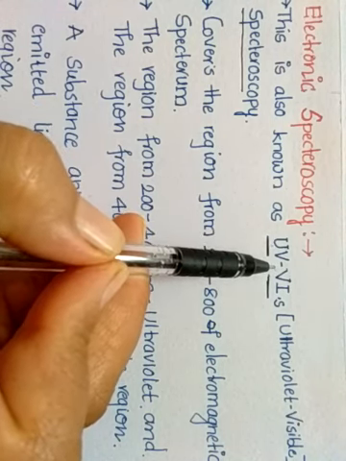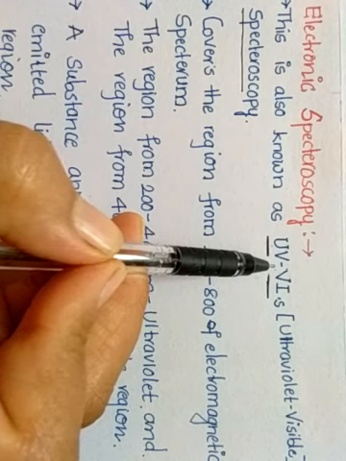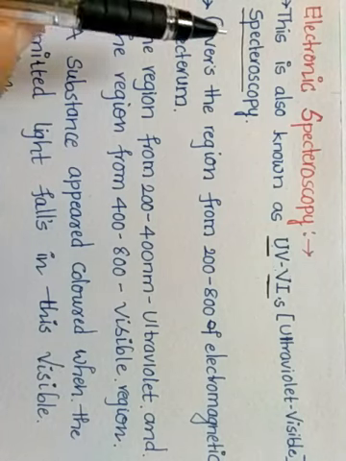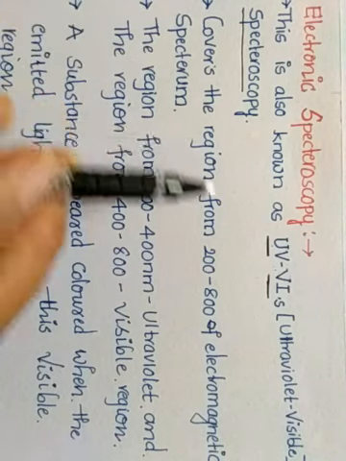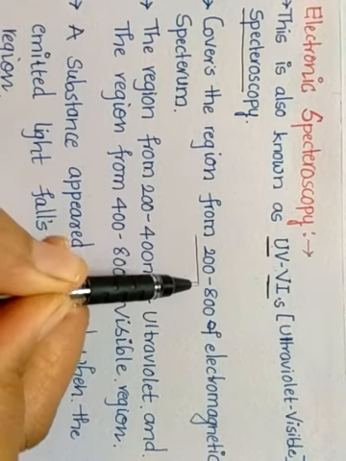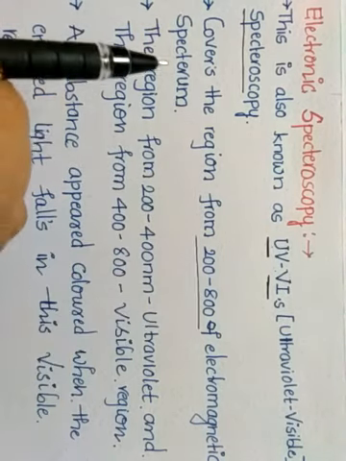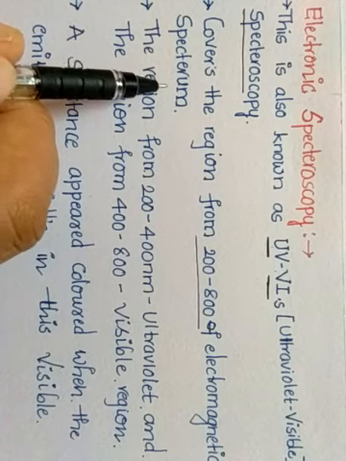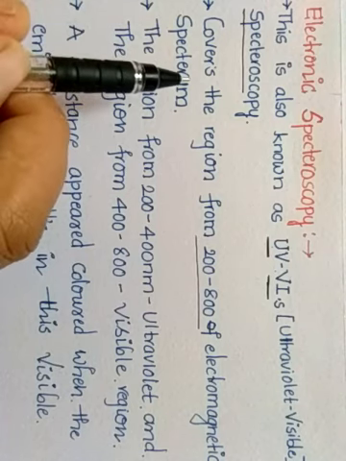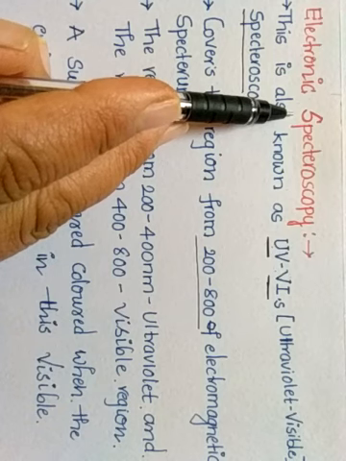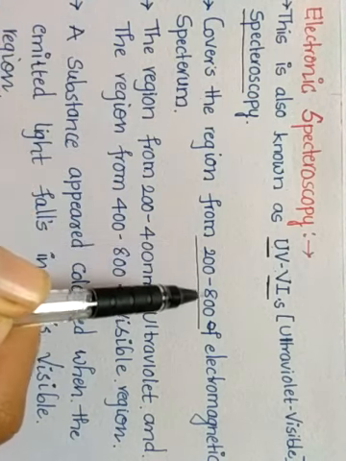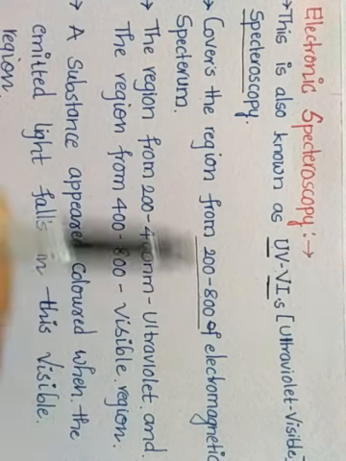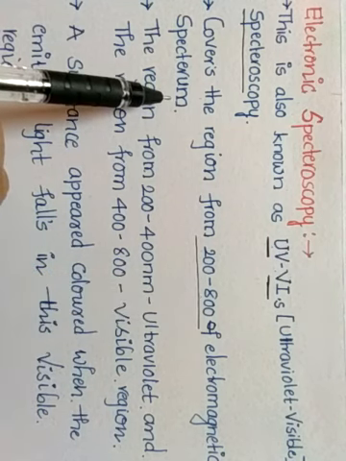Why is it known as ultraviolet visible spectroscopy? This particular electronic spectroscopy covers the region from 200 to 800 nanometer of the electromagnetic spectrum.